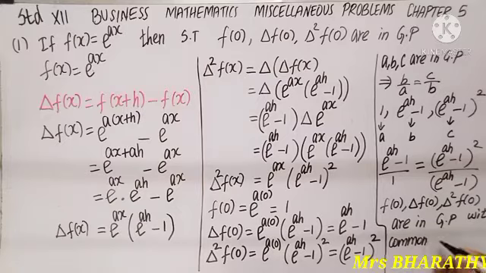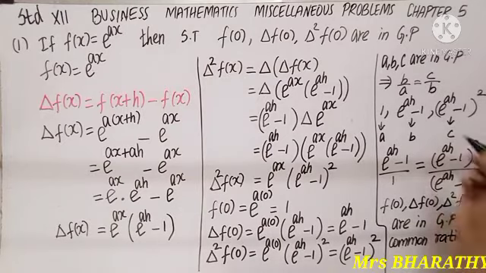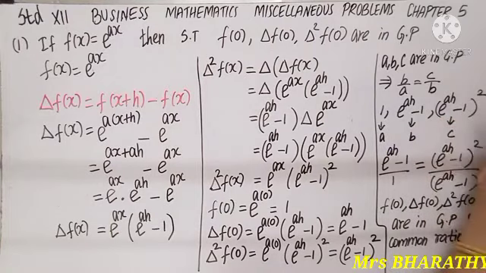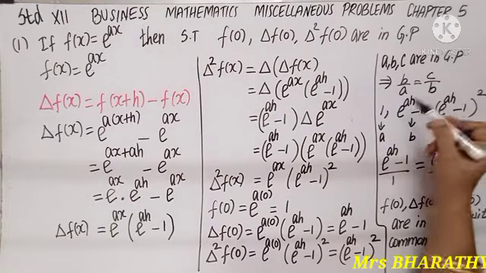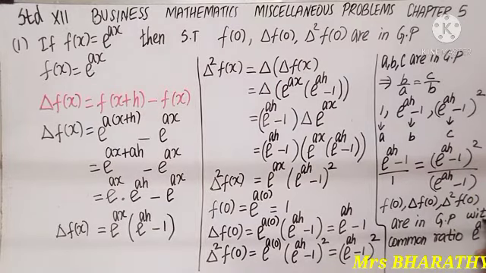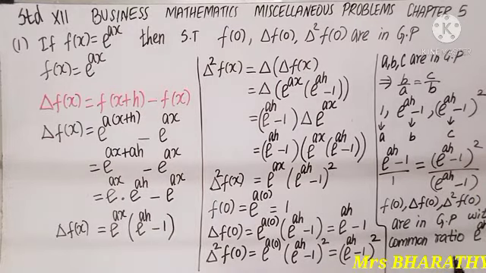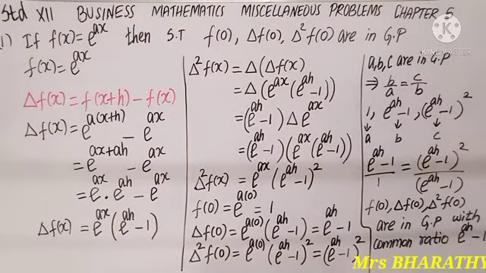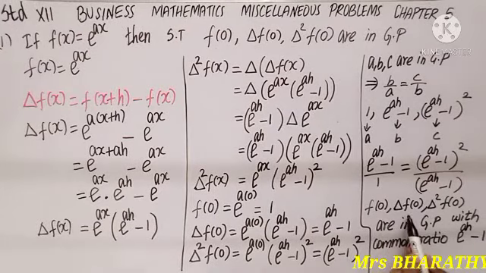What do you mean by common ratio? It is second term by first term. So the common ratio is e power ah minus 1. Whatever I get, second term by first term or third term by second term, that answer I call common ratio. So we have shown f of 0, del f of 0, del square f of 0 form a GP.